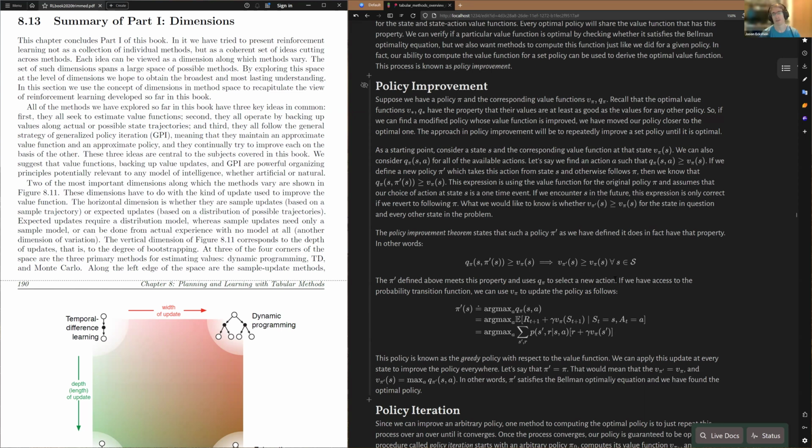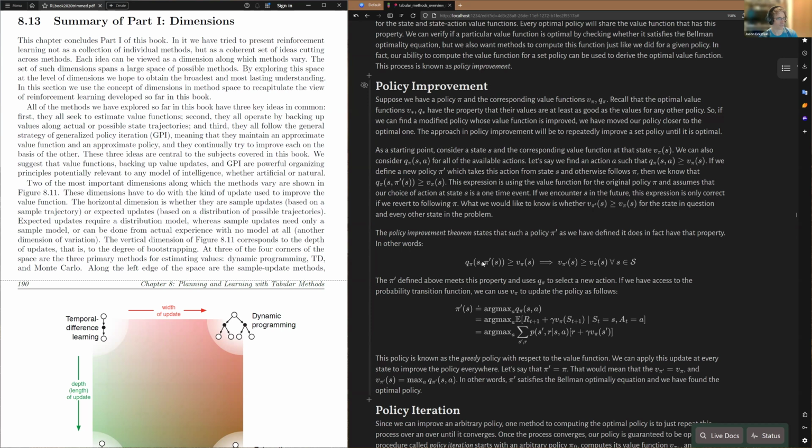In the past we had proven this, but the idea is that if this is true, then that implies that the value function of the new policy at that state is guaranteed to be at least as good as, or better than, the value function under the old policy.